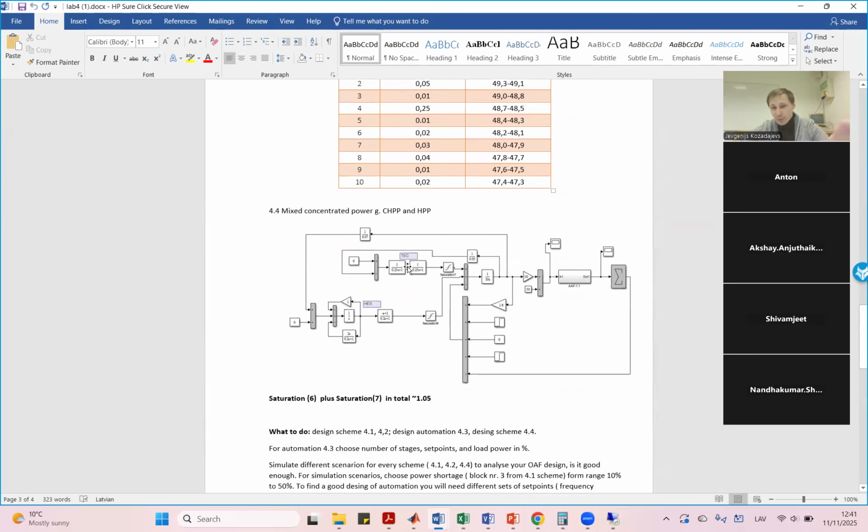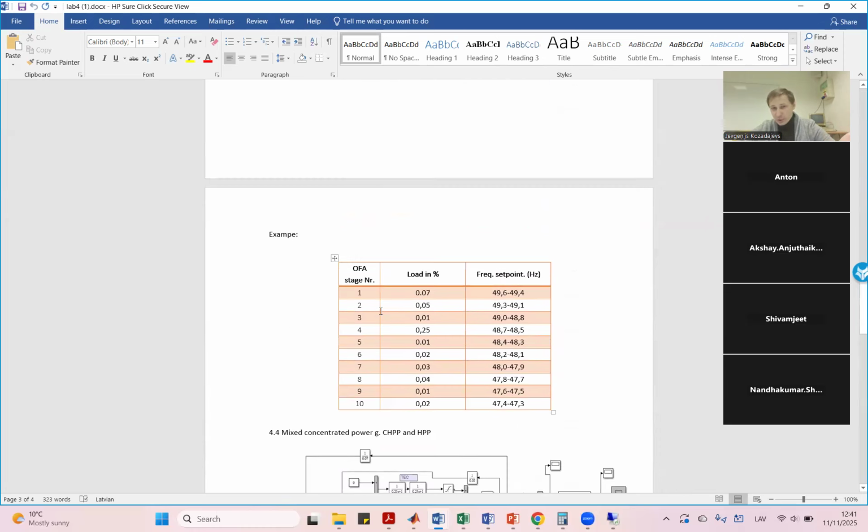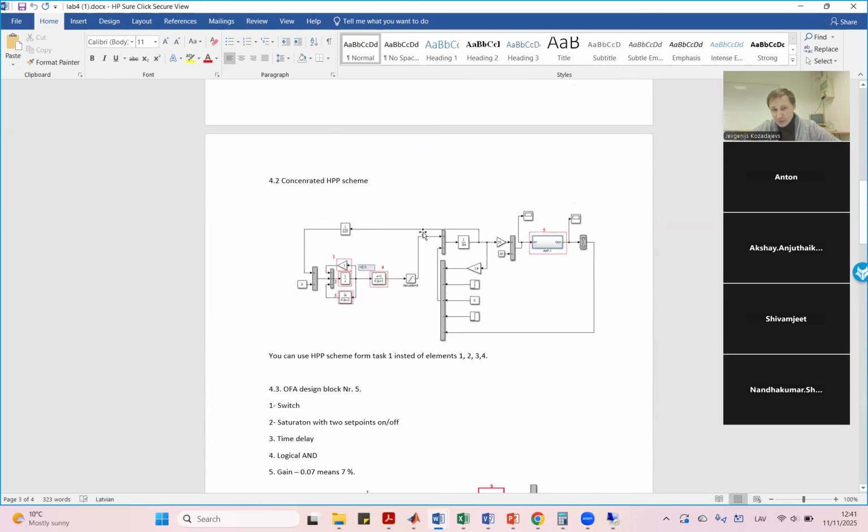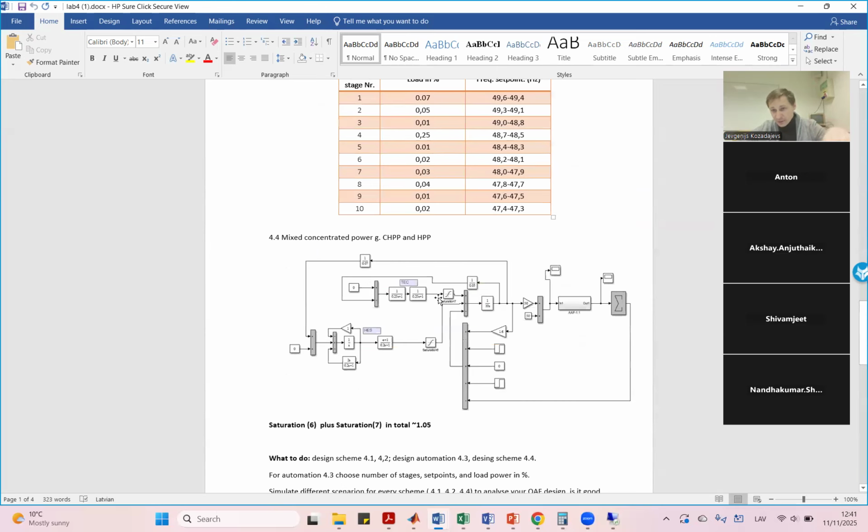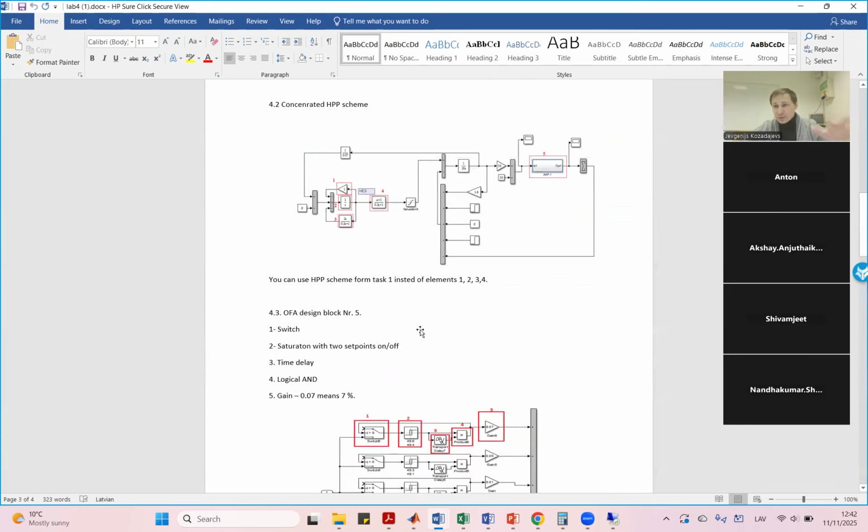So we connect both. This is very easy. We just take this part, copy and paste. So physically this is scheme number 3, but the idea is we just copy two types of generator here. This one copy paste, and this one copy paste. Okay, this is just about the structure.